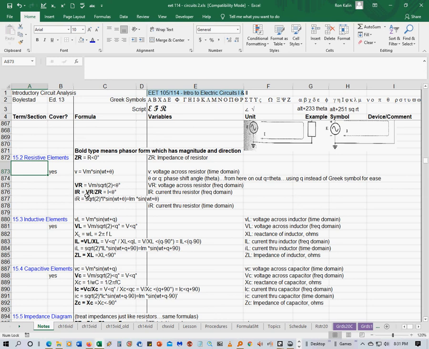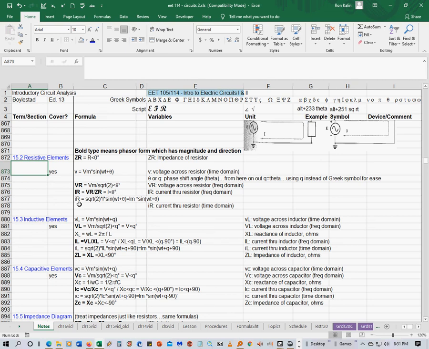I sub r is going to be V sub r divided by ZR. ZR is defined to be this, equals I, the magnitude of the current in the phasor form going through the resistor with an angle of theta.